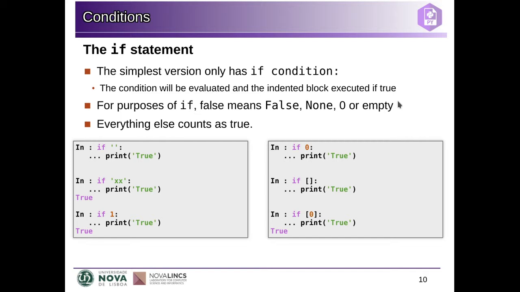Everything else is true. Usually I recommend that you use expressions that evaluate to actually false and true, because that makes the code a lot easier to read. But sometimes you can find examples of if statements that test if something is None or if it's 0, and they can just shortcut in this way.